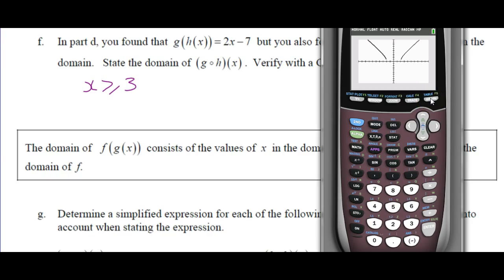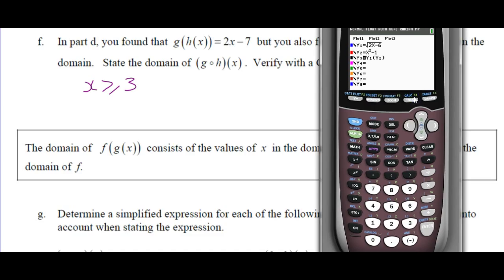Okay, what are we doing? Are we doing g of h of x? So we should be doing y2 of y1. Sorry, got it backwards. g of h of x would be y2 of y1.